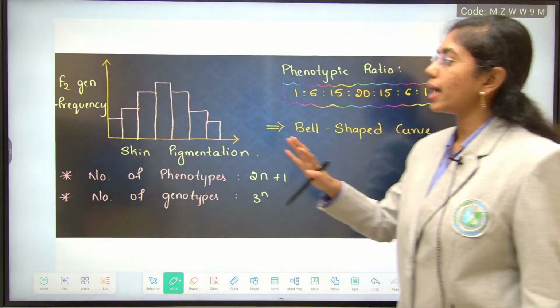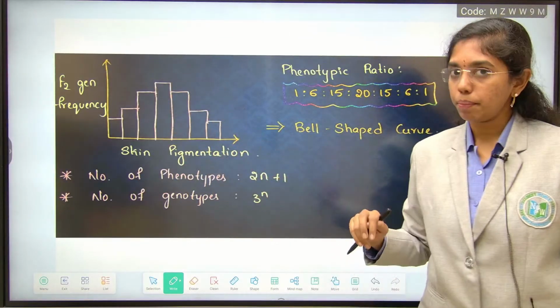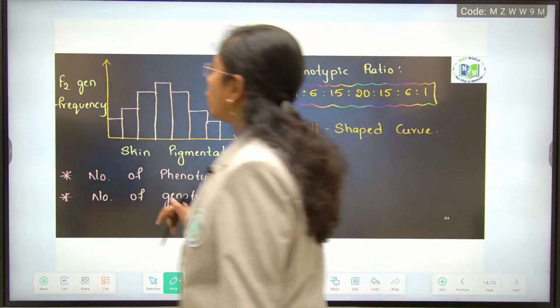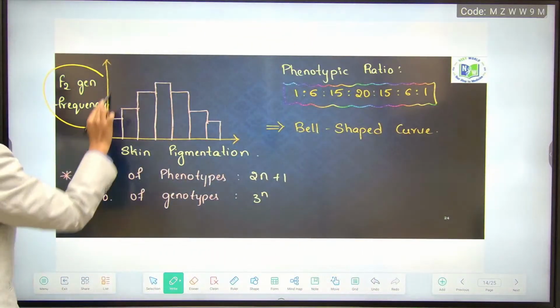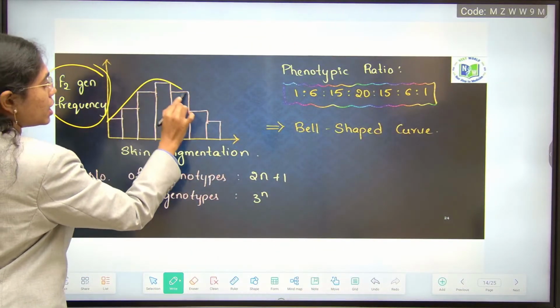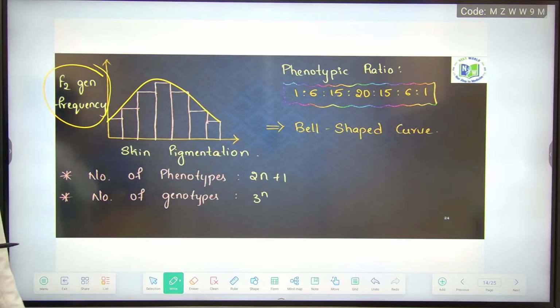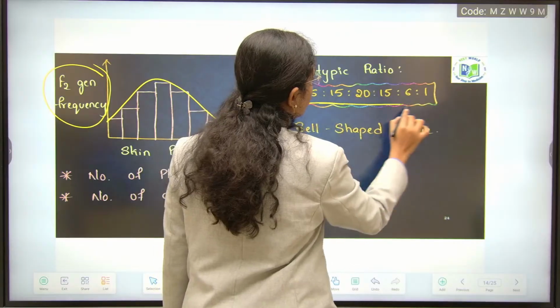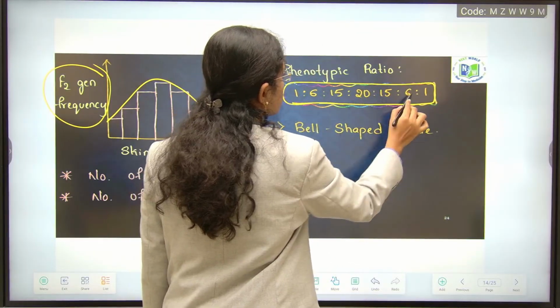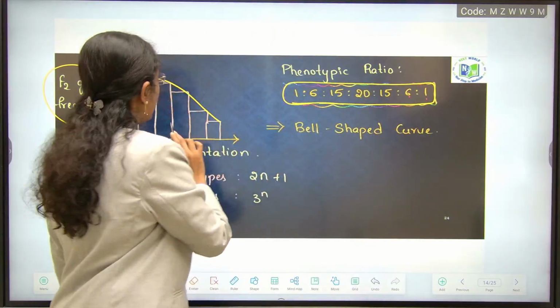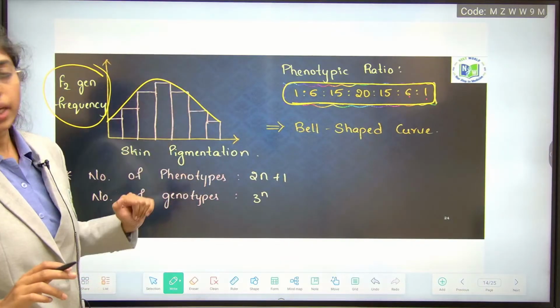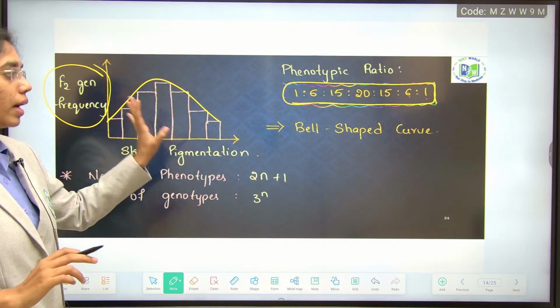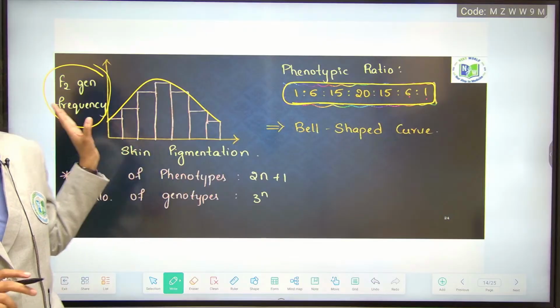If you take a graph of skin pigmentation with the F2 generation frequency, you will get a bell-shaped graph with the phenotypic ratio of 1:6:15:20:15:1. Remember, the type of curve is also important.